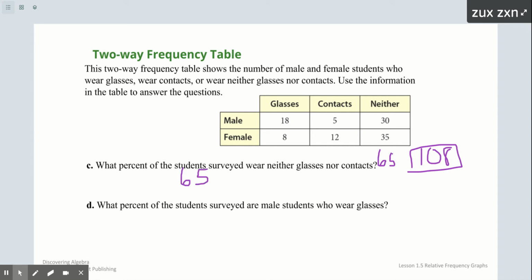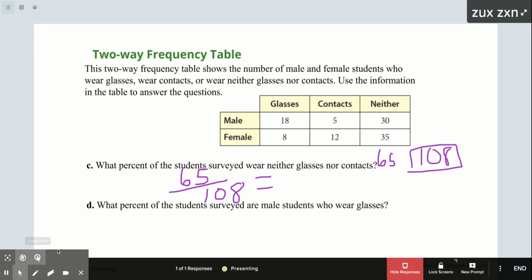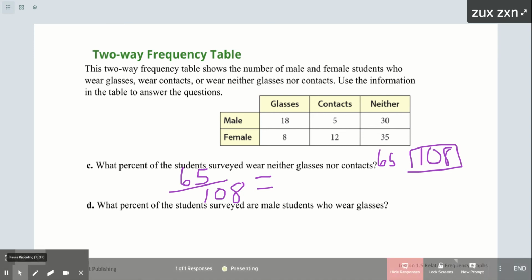So I can write that as a fraction, 65 over 108. Or I can type that into the calculator and do 65 divided by 108, which is going to get me a decimal. And then I'm going to multiply by 100 to get a percent.